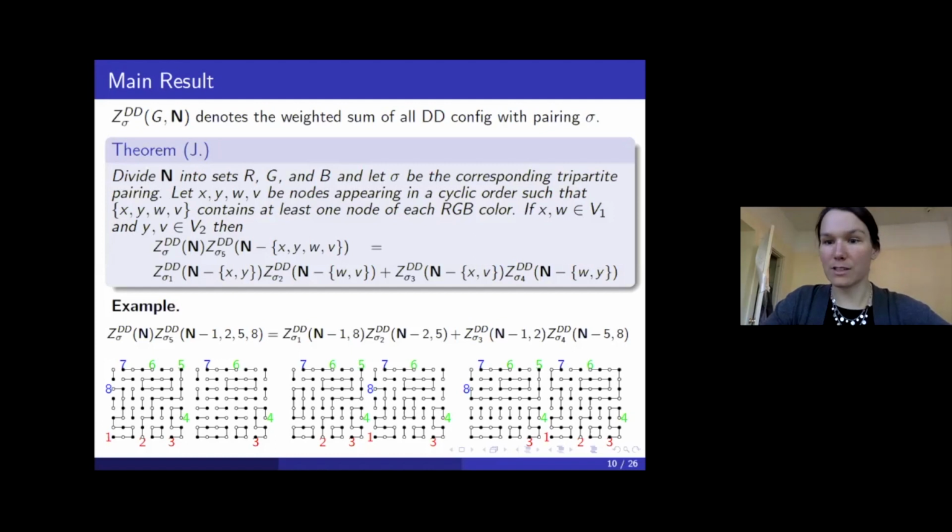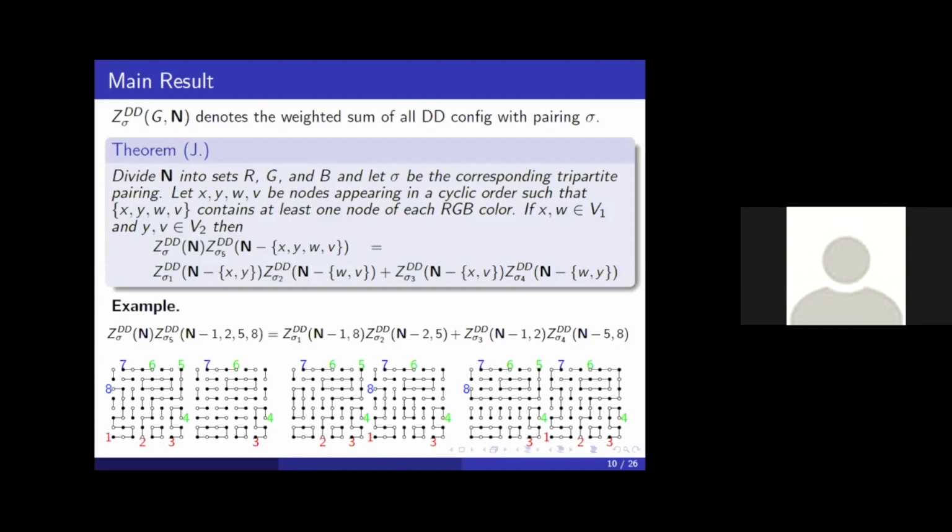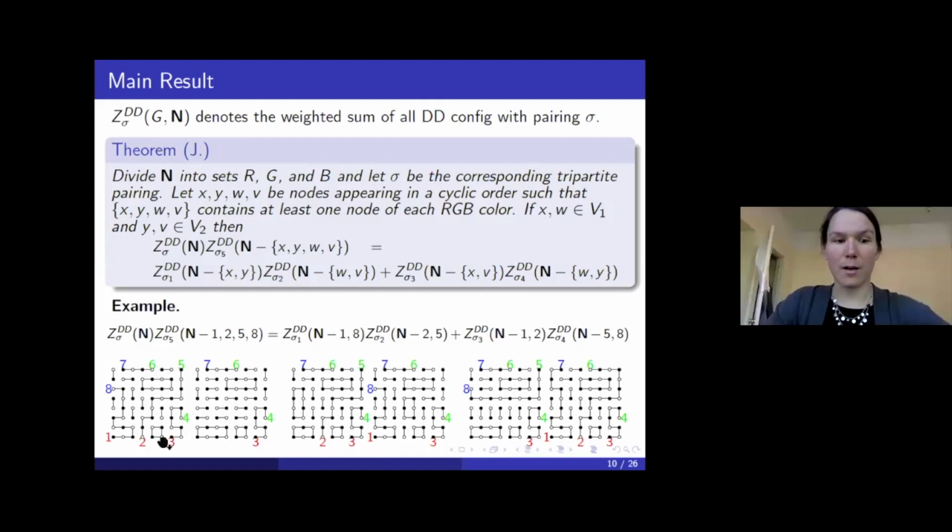Are there any questions? Yeah. So in what sense is that considered the same graph with nodes deleted? I'm not really sure how the graphs are related. So in this theorem, we're always considering double dimer configurations on the same graph that we fixed at the beginning, but just the node set is different in each of these terms.